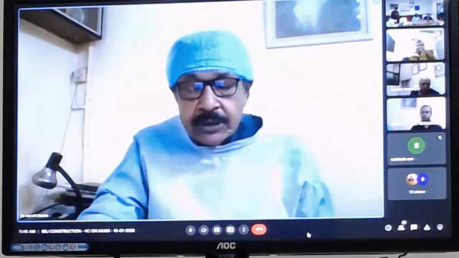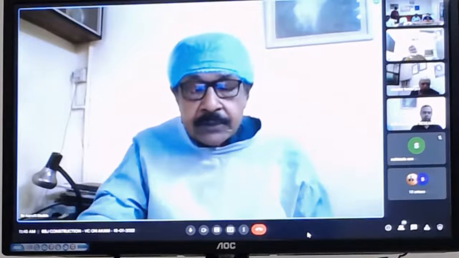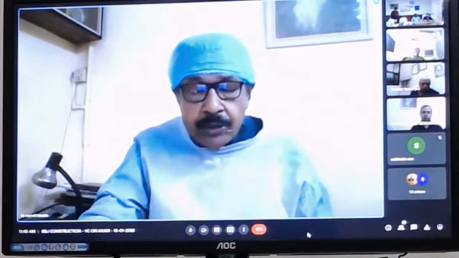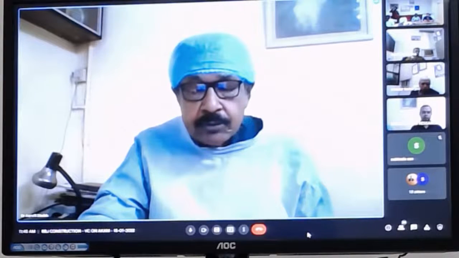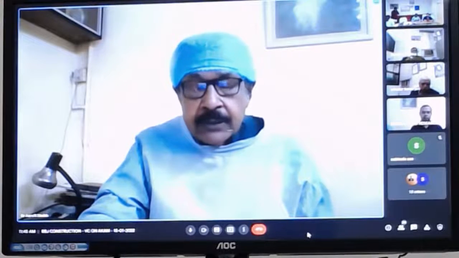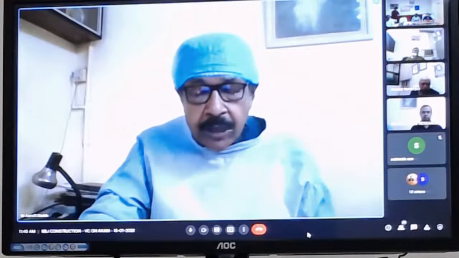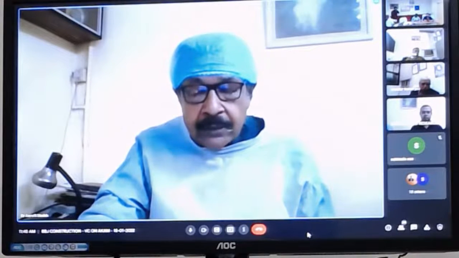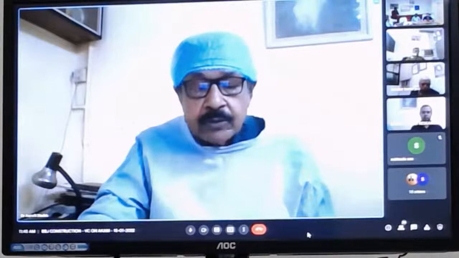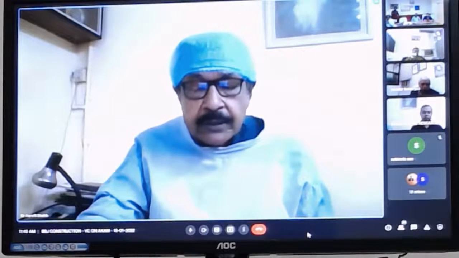Second is cloudiness of the cornea. Third is lid swelling and eye drooping. Fourth is the white reflex in the eye, what we call cat's eye reflex. And squinting of the eye, headache, and digital eye strain. These are more or less the common problems we get.